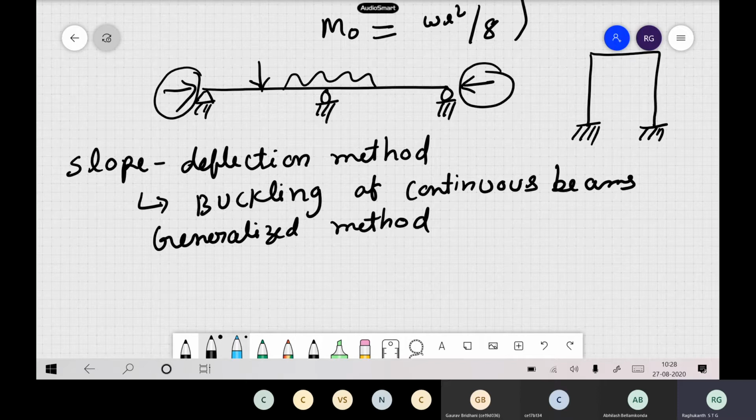But when you come to buckling, the axial load also has to be included in your calculations. That means the slope deflection equations you studied in your UG, you cannot use directly in our buckling problems, because you have to derive the slope deflection equations once again, including the axial load. Then we can use these equations and solve our problems.